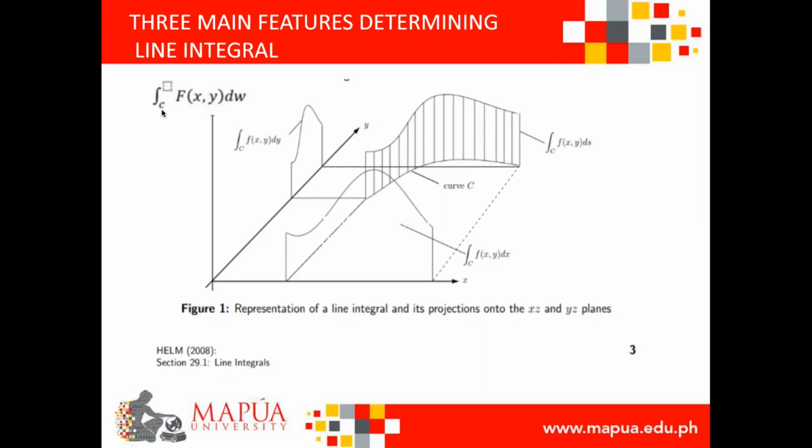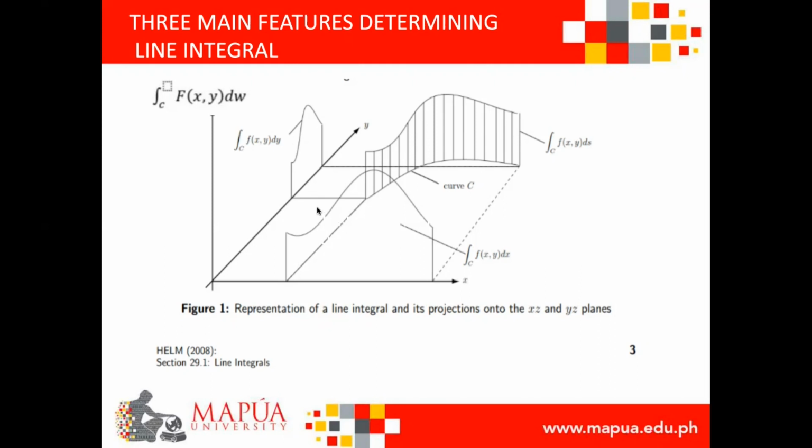For example, y equals x squared, or x equals sine y, or x equals t minus 1 and y equals t squared, where x and y are expressed in terms of a parameter t. Then we have dw. This gives the variable of integration. Three main cases are dx, dy, and ds, as we can see in the figure.